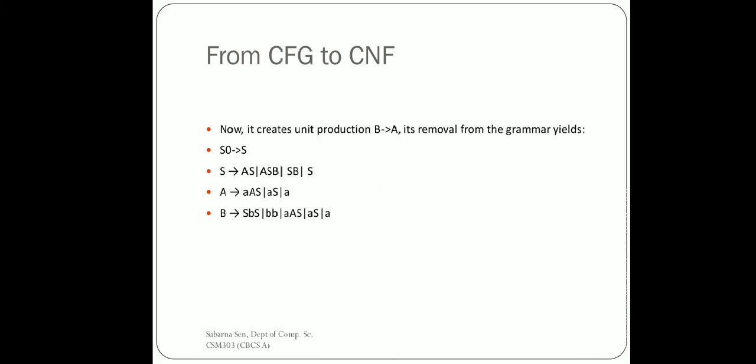A can derive small a, capital S, or small a, capital S, or small a. So if you see this, B is going to hold its original production, that is capital S, small b, capital S, and small b, small b. After that, in place of capital A, it will use all the choices we are having with A, that is A S and small a, right? So we are replacing that.